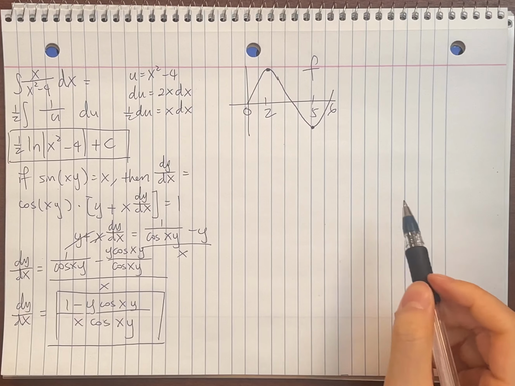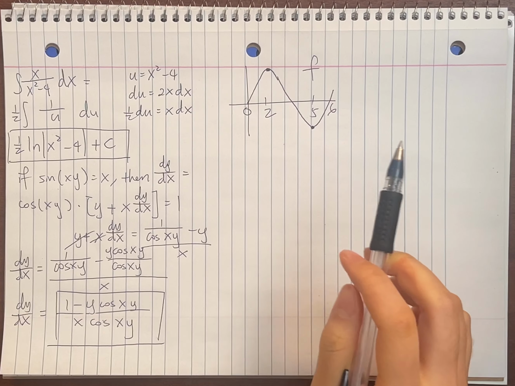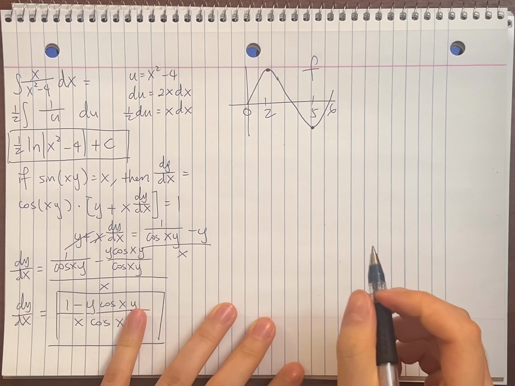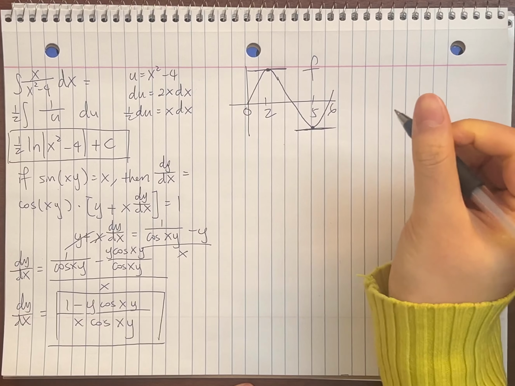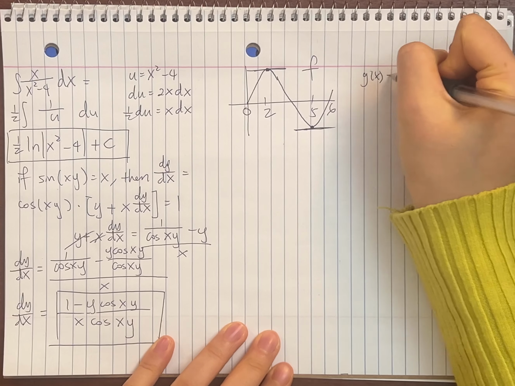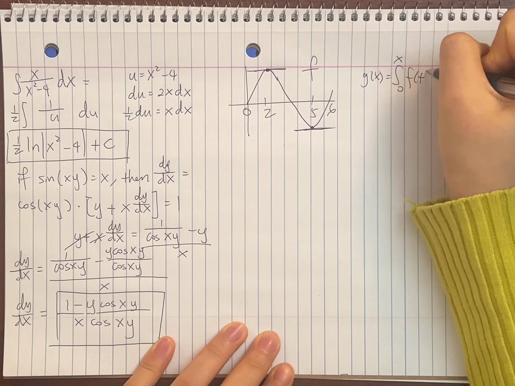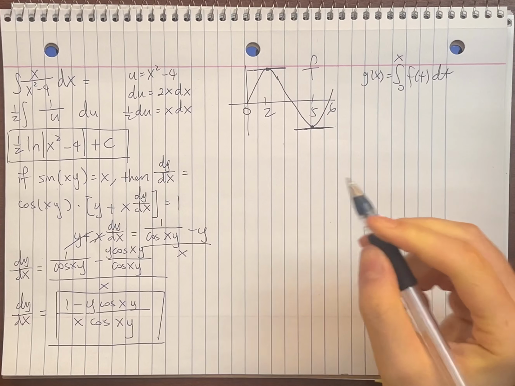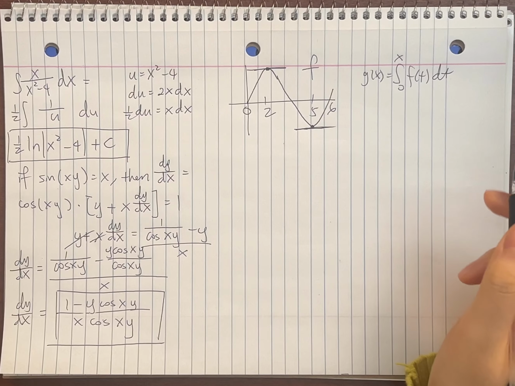The graph of the function f is shown above in here. It has horizontal tangents at x equals 2 and x equals 5. So yeah, right here. And let g be the function defined by g of x is equal to the integral from 0 to x of f of t dt. For what values of x does the graph of g have a point of inflection?